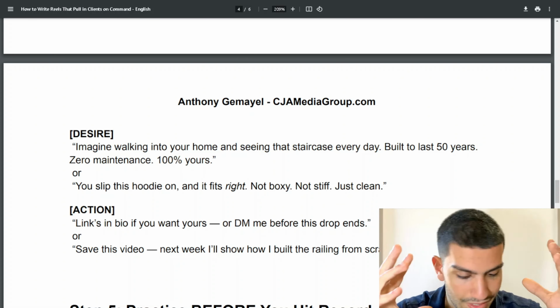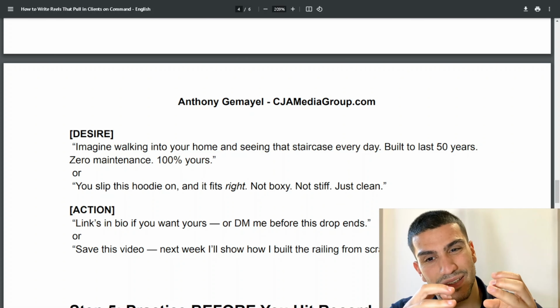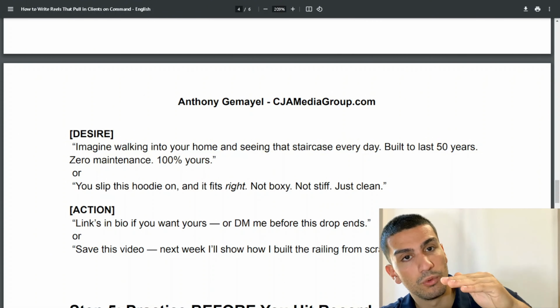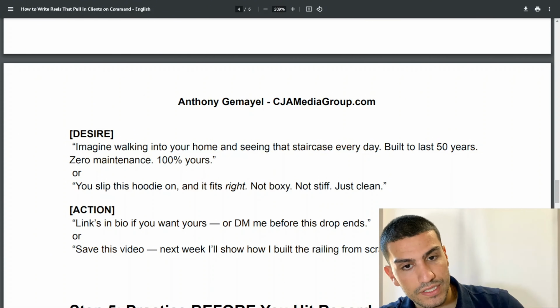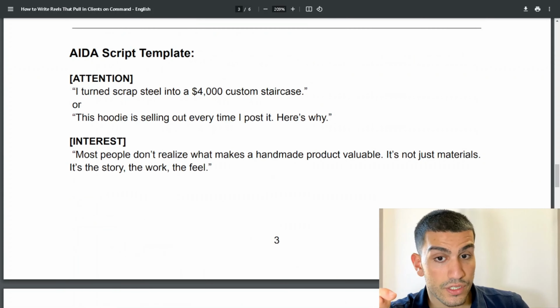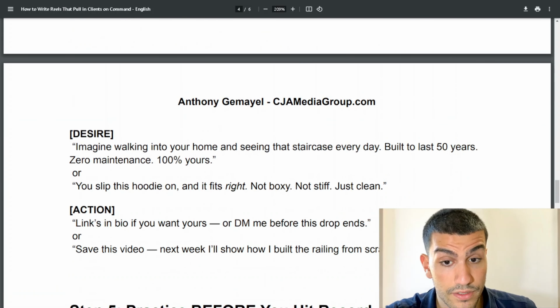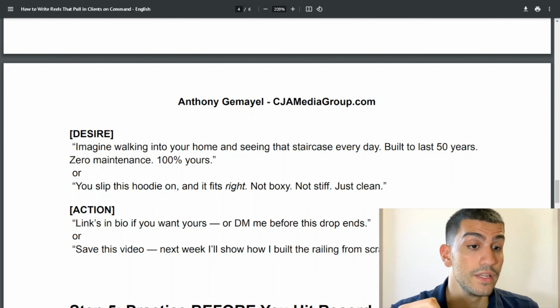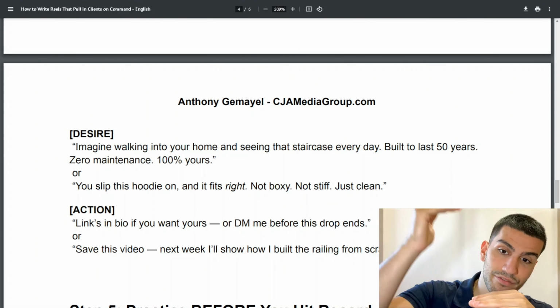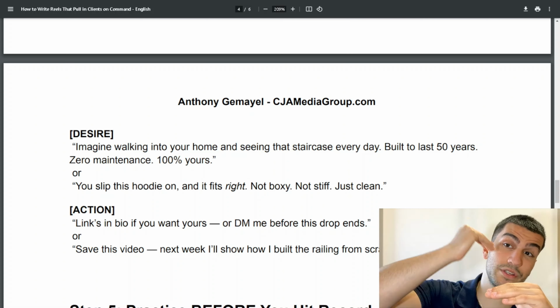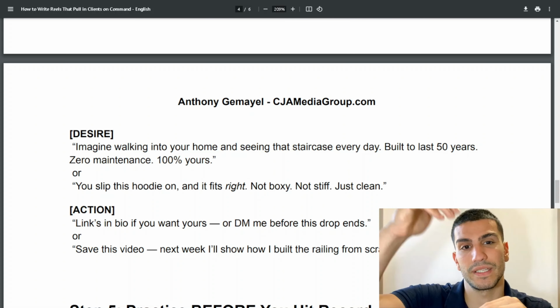But you gotta include, the more you increase each level of these, the more you increase the attention, the interest, the desire, and also the action at the end, the more you increase each level, it's like you're getting easier and better results.